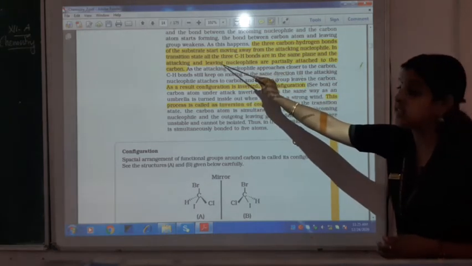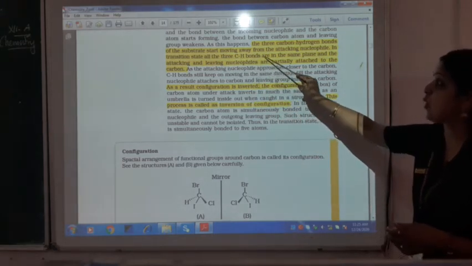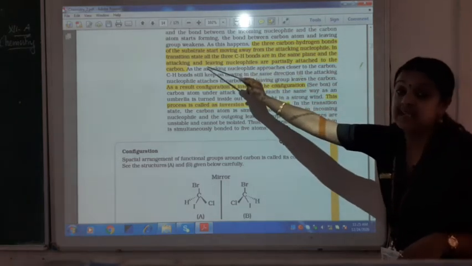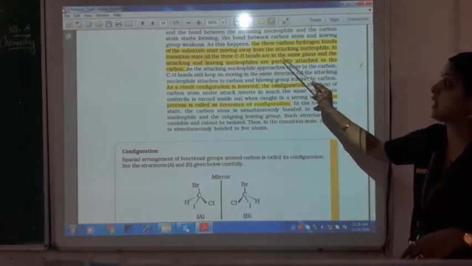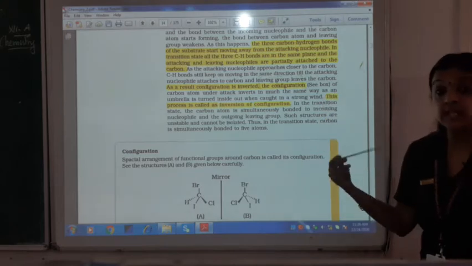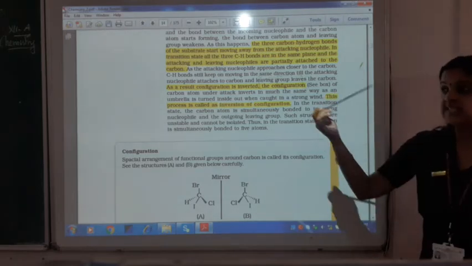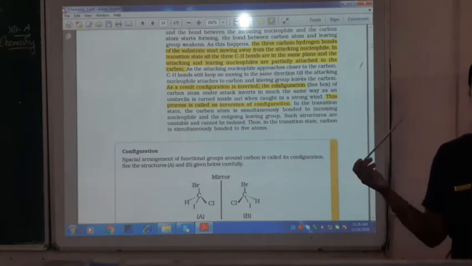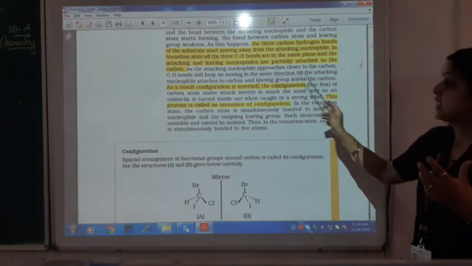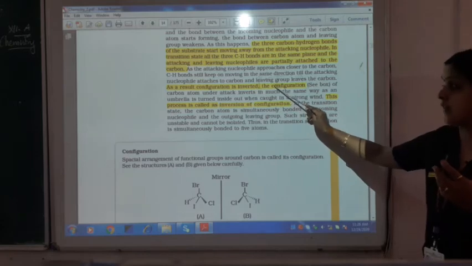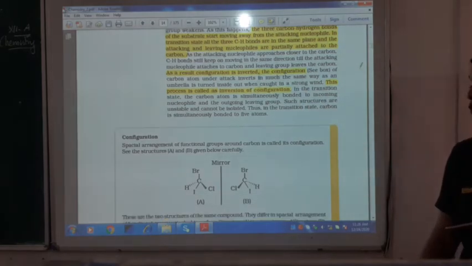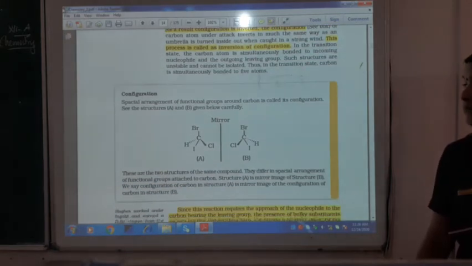So, in the transition state, all the 3 C-H bonds are in the same plane. And what happens? The attacking and the leaving nucleophiles are partially attached. The bond is not so strong. The C-OH bond is about to get formed, the C-Br bond is about to get broken. So, there is an inversion in the configuration. So, this we call the SN2 mechanism.